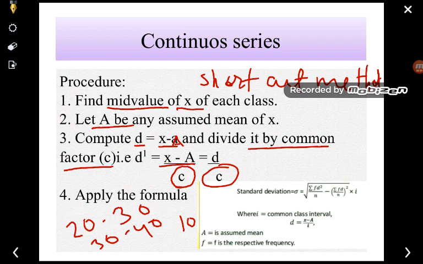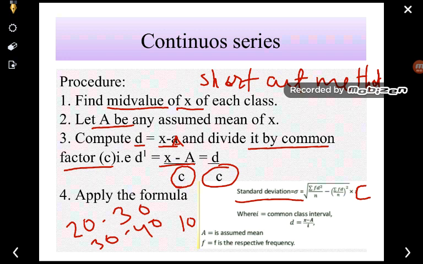Next, we have to apply the formula. The standard deviation sigma is equal to the formula of the shortcut method, which remains the same. Only one thing is added: you have to multiply by C or I. C is the class interval, so I is the common class interval, or you can write C. You can write either C or I, but it should be the class interval.